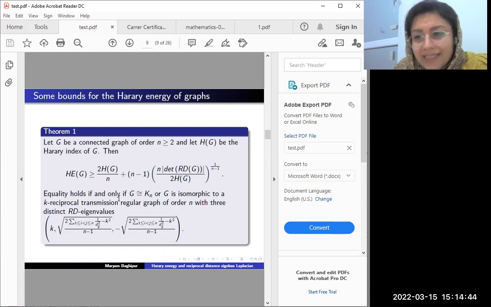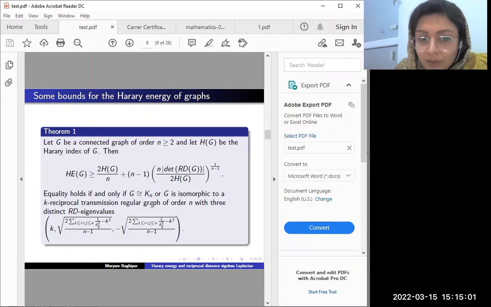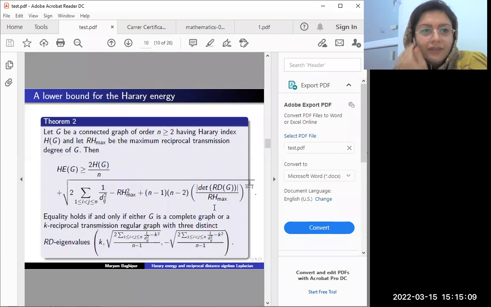All of you know the extremization of graphs is really important. That's why equality holds if and only if G is isomorphic to K_n or G is isomorphic to a reciprocal transmission regular graph of order n with three distinct reciprocal distance eigenvalues.